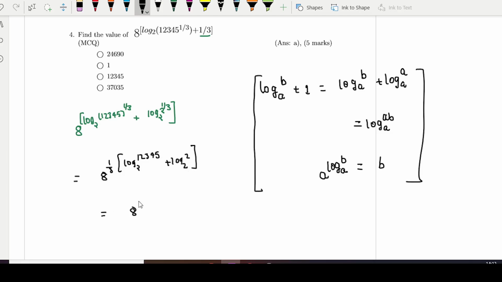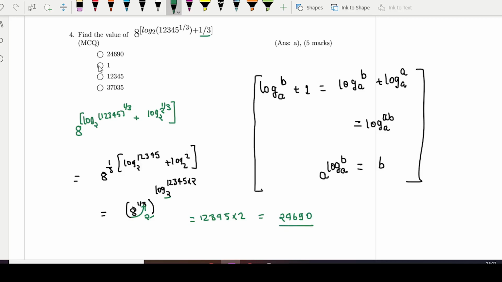So we can write this as 8 to the power 1 by 3, the whole raised to log base 2 of 12345 times 2. Finally 8 to the power 1 by 3 will give 2, and here the bases are equal, so we can directly write this as 12345 times 2, so it will give 24690.